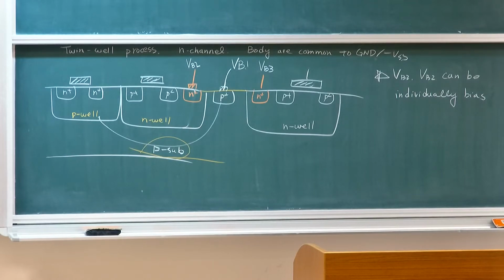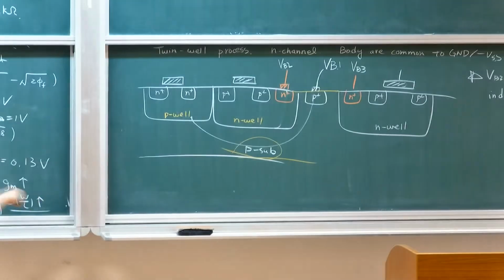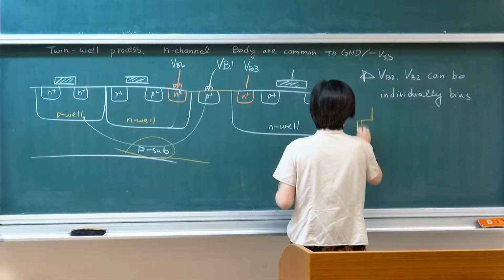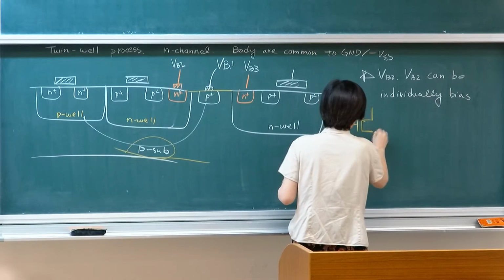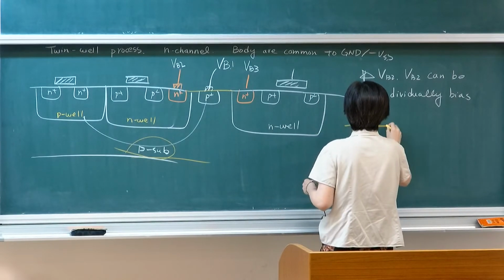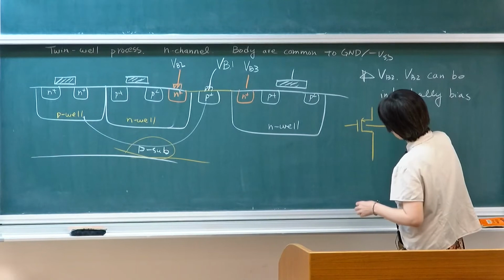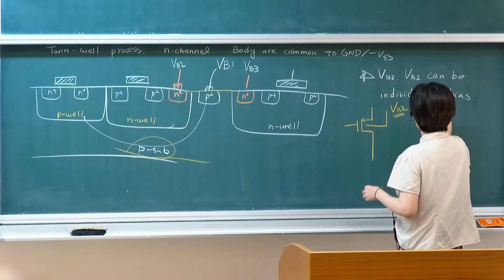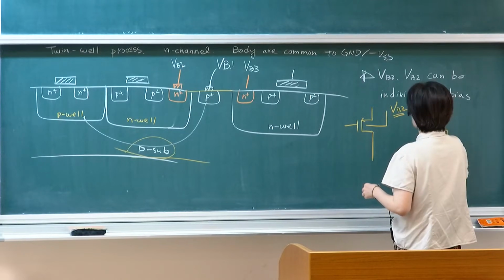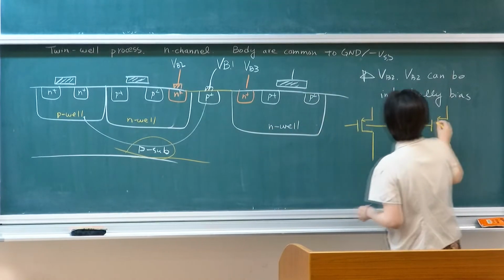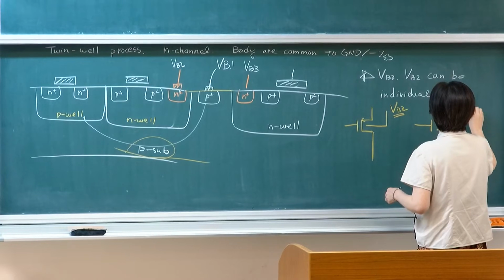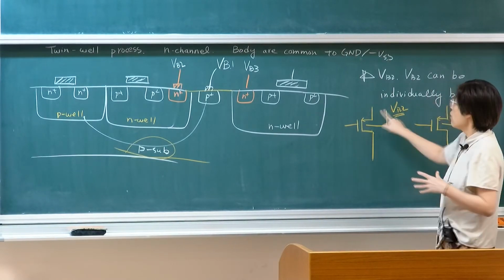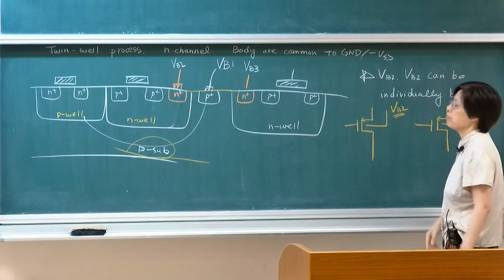But for PMOS, the N well lets me individually bias this body. This is VB3. If I have two transistors in different wells, I then have the flexibility of individually biasing them.